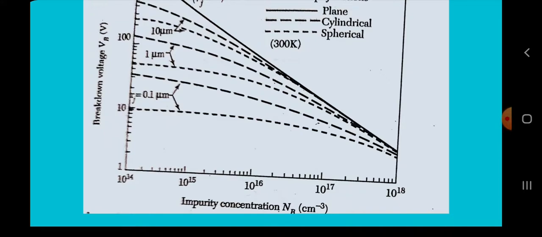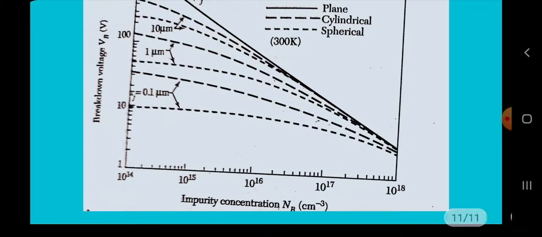If the diffusion mask contains sharp corners, the corner of the junction will acquire a roughly spherical shape. Because of the spherical and cylindrical regions of the junction, they have high field intensity. They determine the avalanche breakdown voltage.